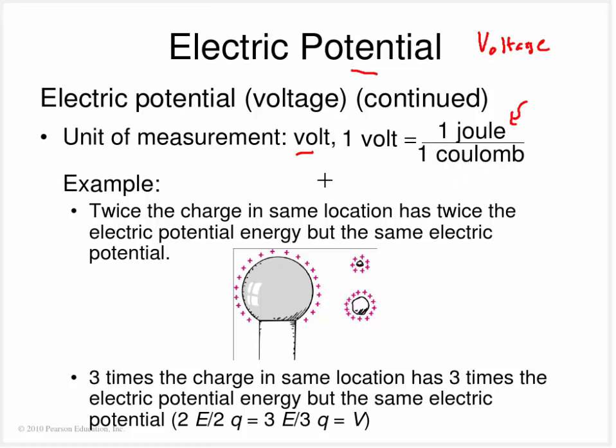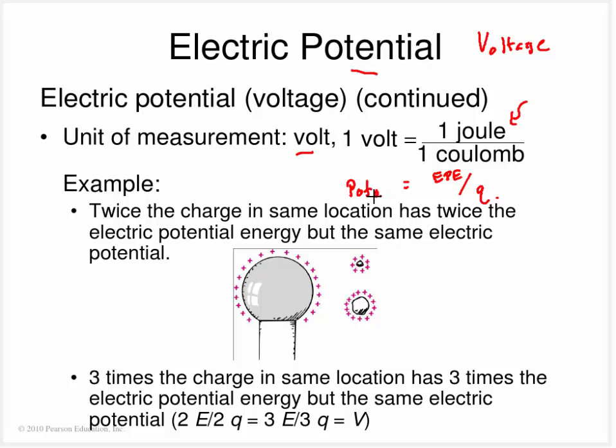So at the end of the day, we can say that the electric potential is equal to the electric potential energy divided by the charge. The electric potential energy is in joules, coulombs is the charge, and this is the electrical potential.